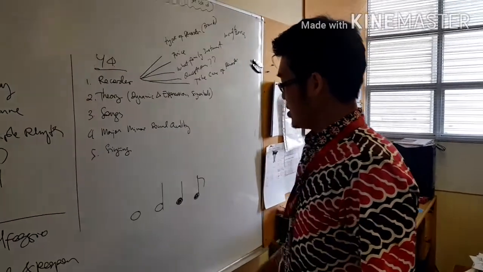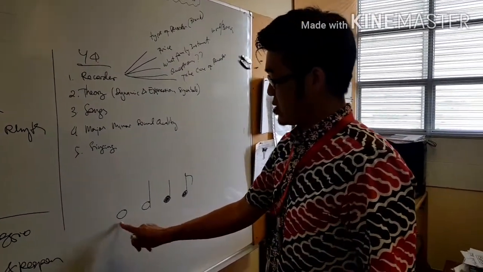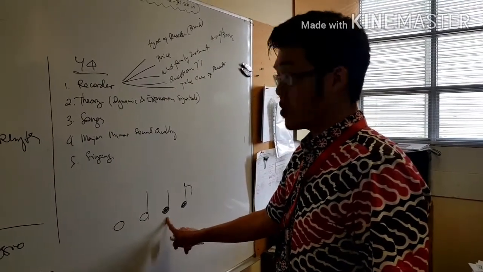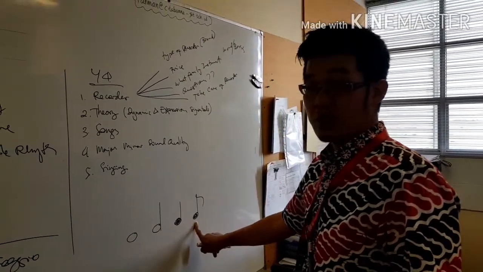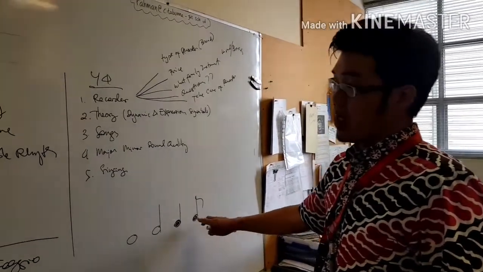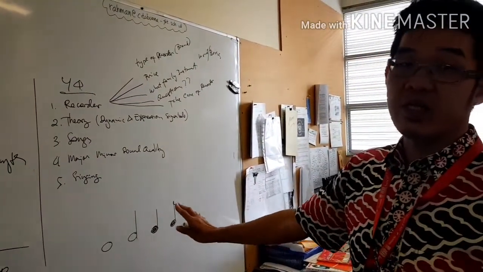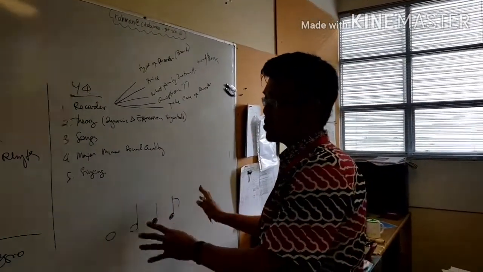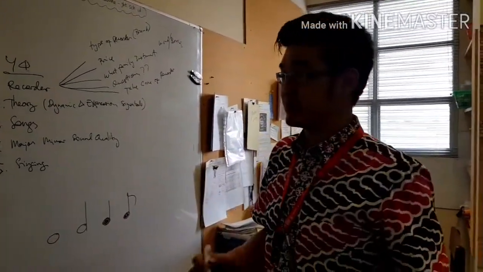So this one is whole note, half note, quarter note, and eighth note. I'm going to explain this further in the class. This is about note values, which you are going to use for composing simple rhythm.